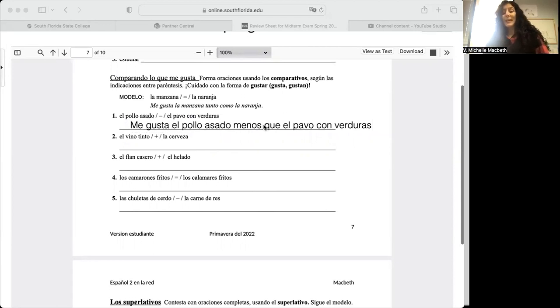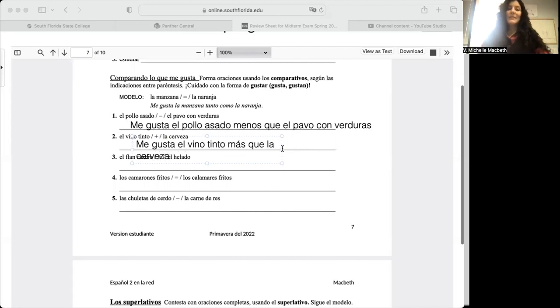So menos que becomes one phrase, or más que becomes one phrase, right? Because we're comparing actions rather than nouns or adjectives or adverbs, okay? So, me gusta más, el vino tinto más que la cerveza.